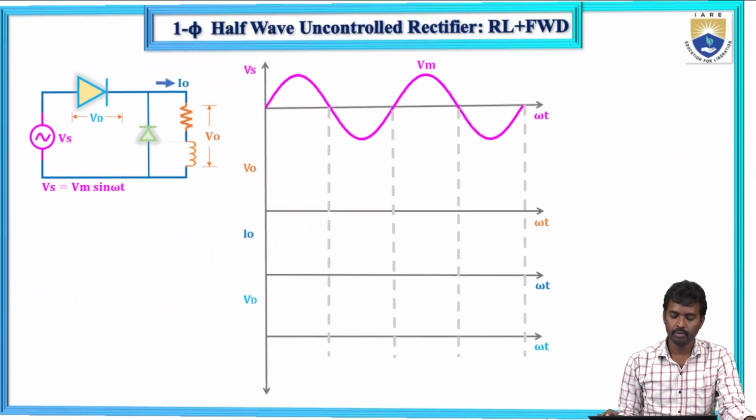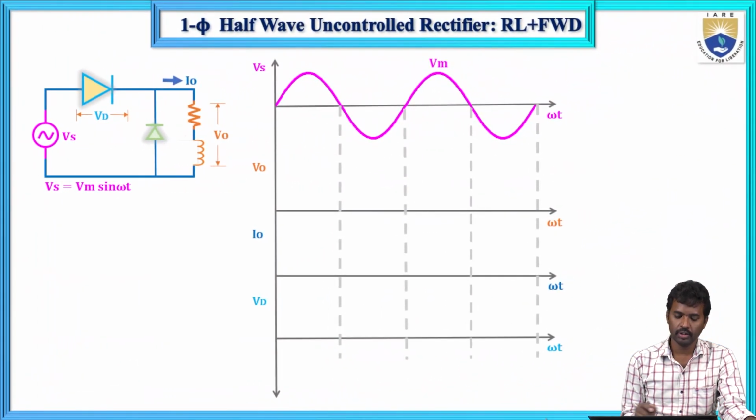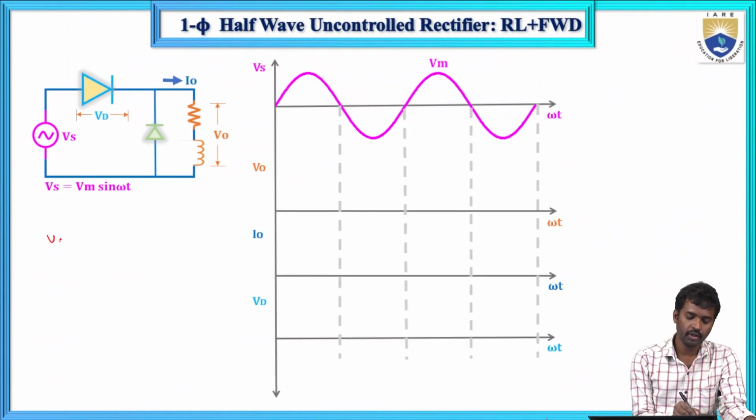Now let me write all the equations. V naught average equals Vm by pi, and peak inverse voltage equals minus Vm.